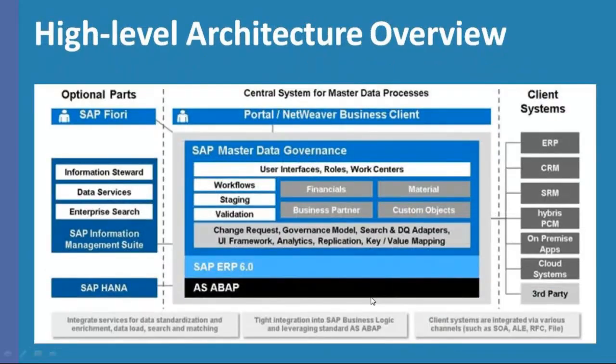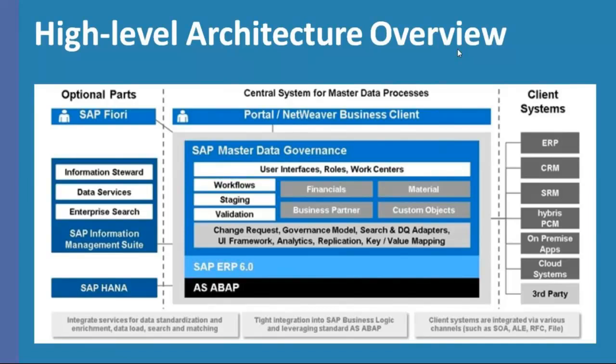Then this is the architectural overview. Basically, we have two types of architectures. One is the hub architecture.